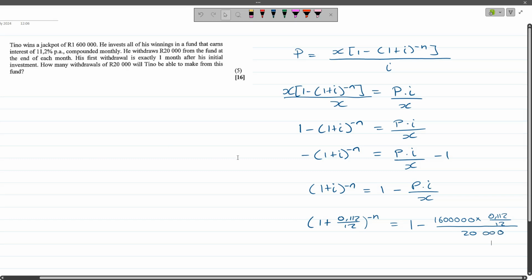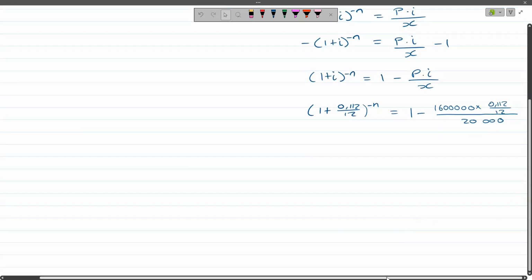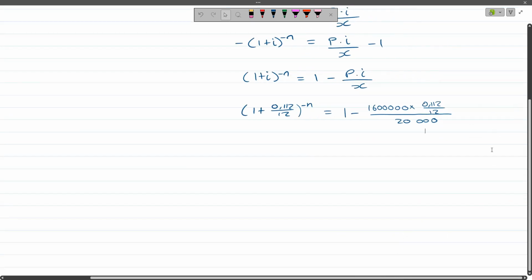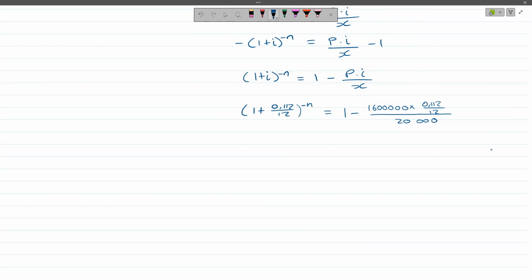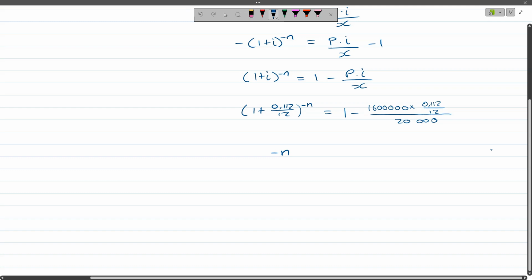Then at this point, you are now welcome to use your logarithmic functions. So using logs, we can rewrite it as minus n is equal to the log, with base 1 plus 0.112 over 12, of the right-hand side.